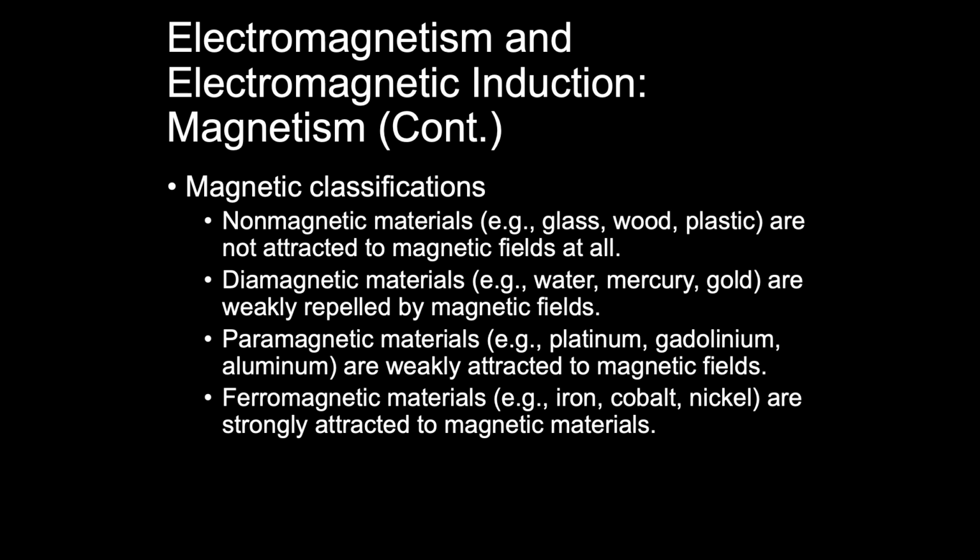Paramagnetic materials, platinum, gadolinium, and aluminum, are weakly attracted to magnetic fields. And ferromagnetic materials, iron, cobalt, and nickel, are strongly attracted to magnetic materials. And this is very important because when we have patients going into MRI, if they have any ferromagnetic materials implanted inside of their body, then that is a contraindication to an MRI exam.